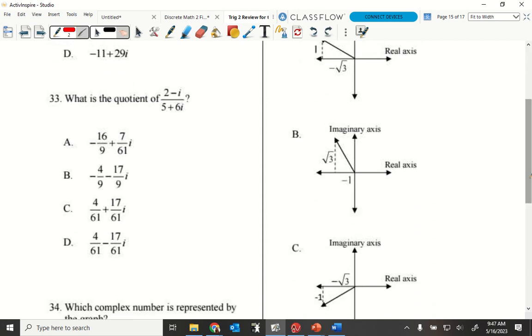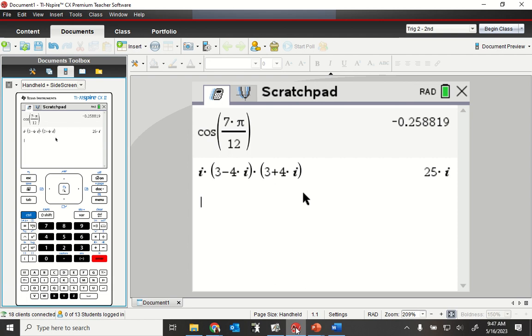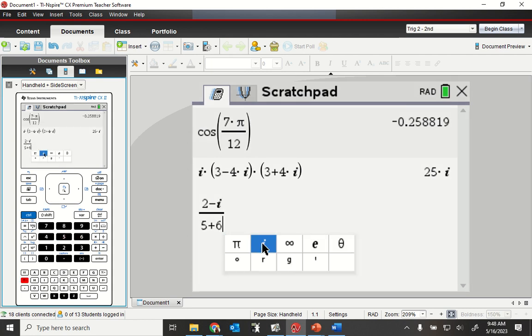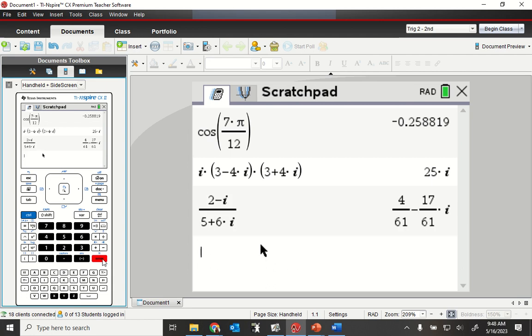Can we do this one on the calculator too? Yes, we can. All right, so let's see, control, divide, and it was 2 minus I over 5 plus 6I. Enter.